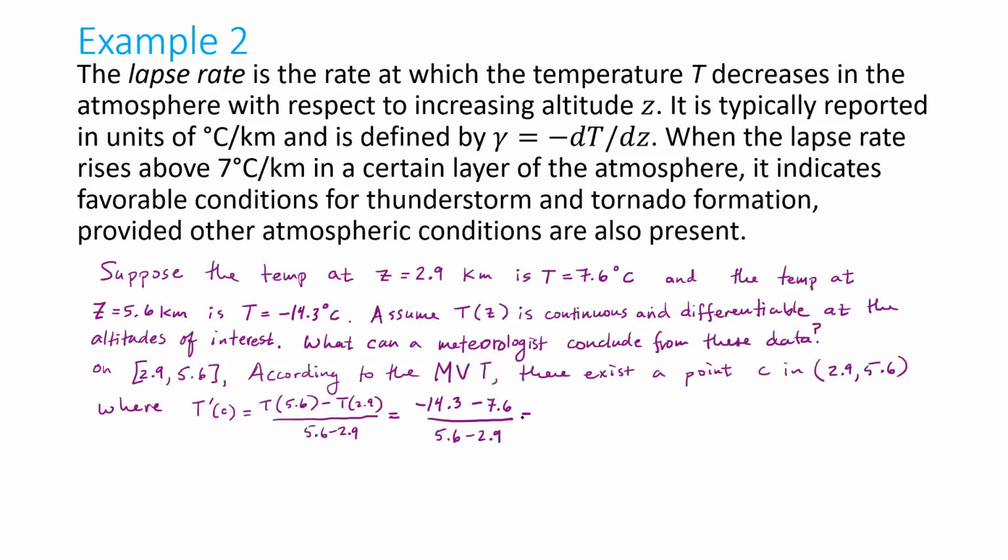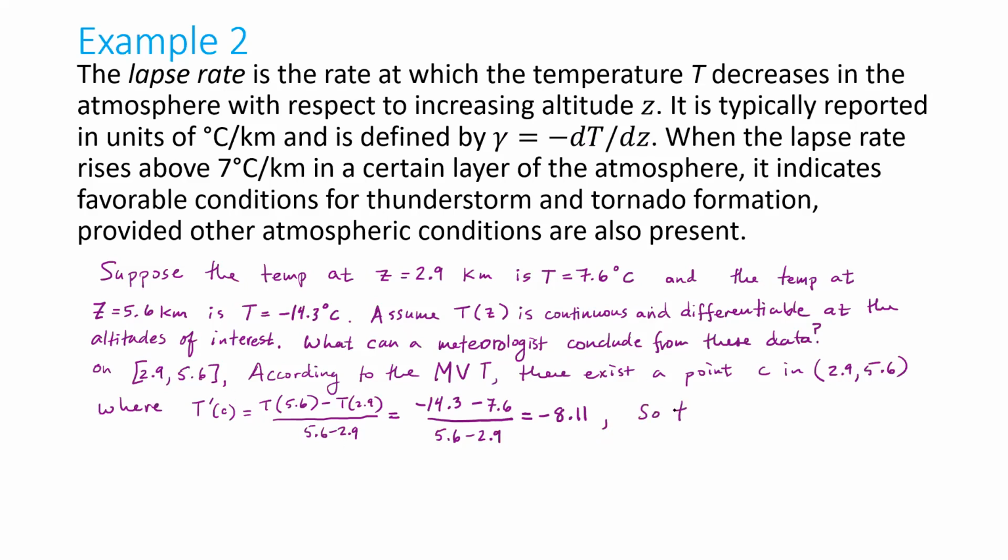So here I get something around negative 8.11. So what does that tell us about the lapse rate? Basically it tells us that because the lapse rate is the negative derivative, it's the negative of that.